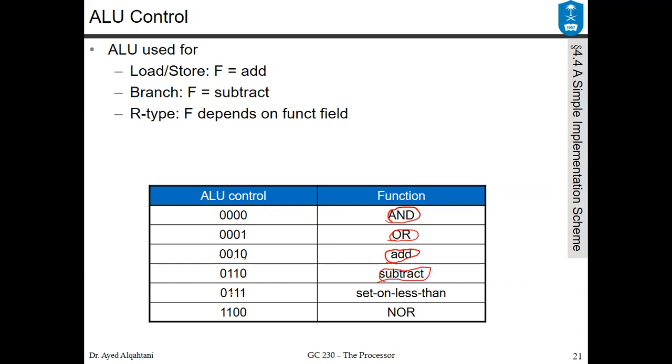If it is 1, 1, 1, 0, then this is set on less than. If it is 0011, then this is a NOR instruction. The NOR sometimes is used also for negation. And we've described this in the revision at the beginning of this course.